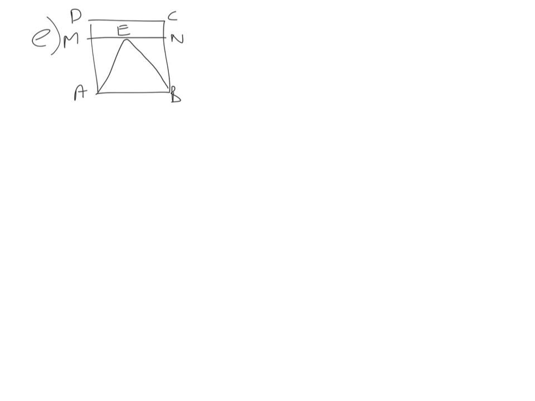Okay, so in the diagram, it's a square, so 2, 2, 2 and 2. E is on the point, so that ABE is an equilateral, so therefore if that's 2 down the bottom, these also have to be 2.